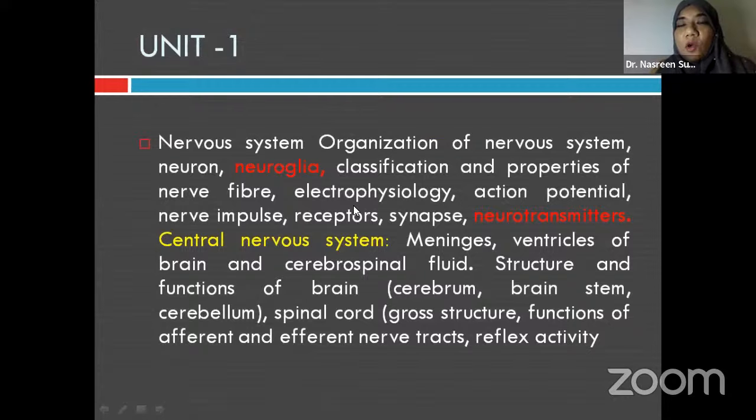Then this is the overview of the nervous system. Then in that you have the central nervous system, where you discuss the meninges, brain, and spinal cord. In the brain you will have cerebrum, brain stem, cerebellum, and all those things. Okay. So this is the overview of your unit 1.